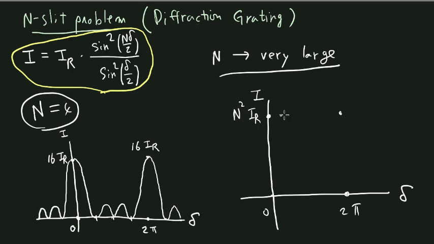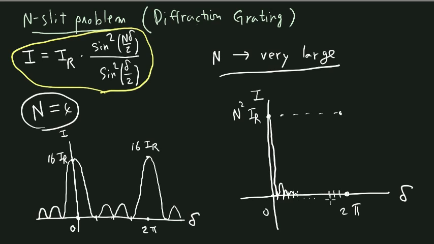Both of them are n squared. The principal maximum intensity is very large. But then this 0 to 2 pi interval is divided into n equal segments, so the segments become very small, and this function comes down to 0 pretty quickly, and then it'll go up a little bit, and then it'll decrease the maximum.